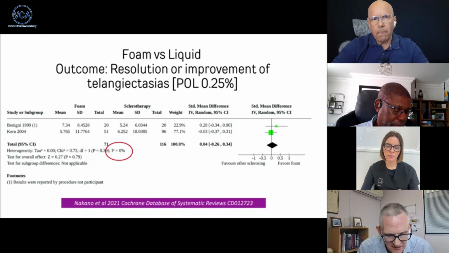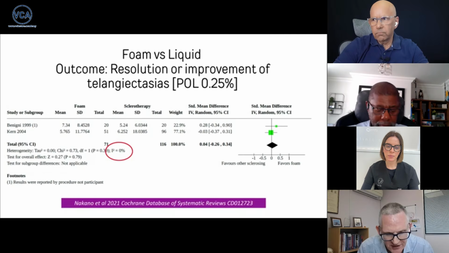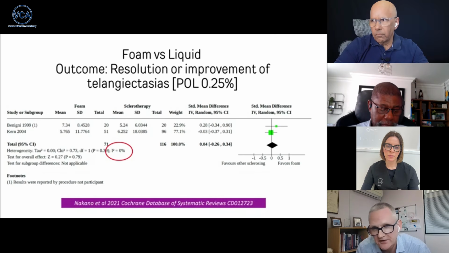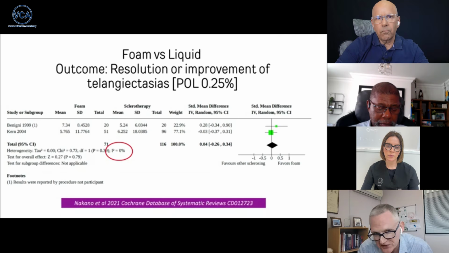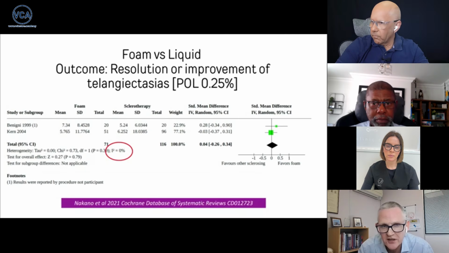If you're looking at a Cochrane review or any systematic review with a meta-analysis, as this slide is illustrating, it's a good place to start, because the reviews are quite wordy and take a lot of wading through to get to the bits you want. But if you can find the forest plots, which is what these charts are, they're a good place to start.